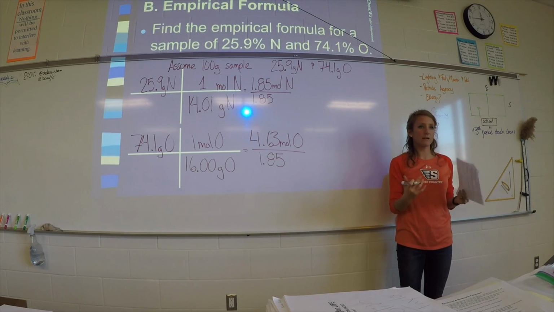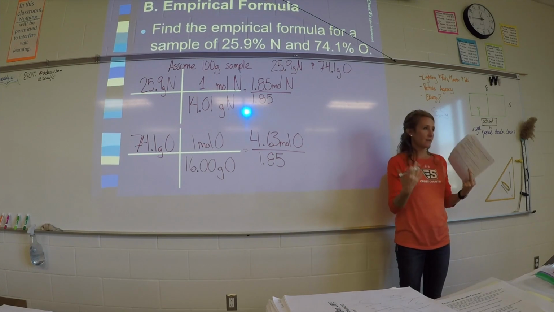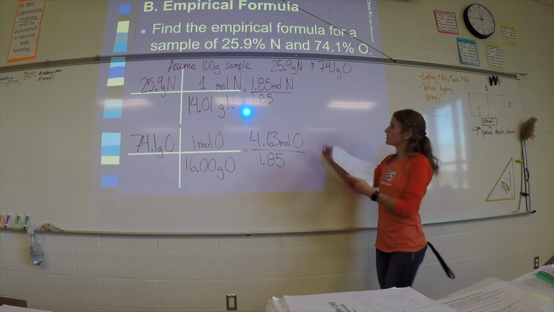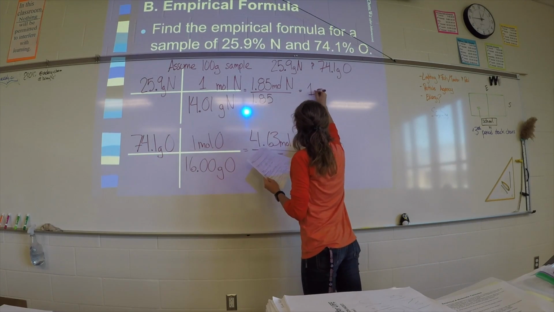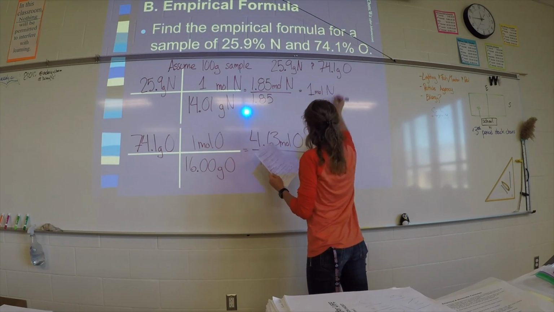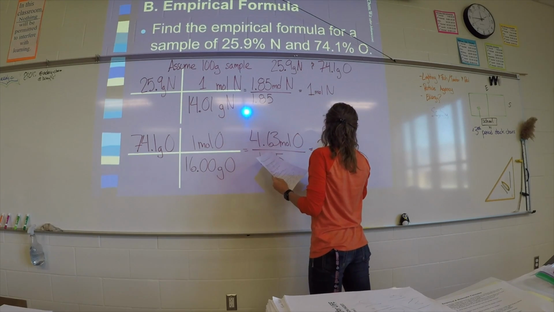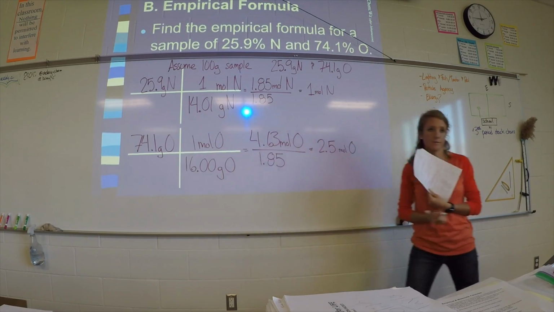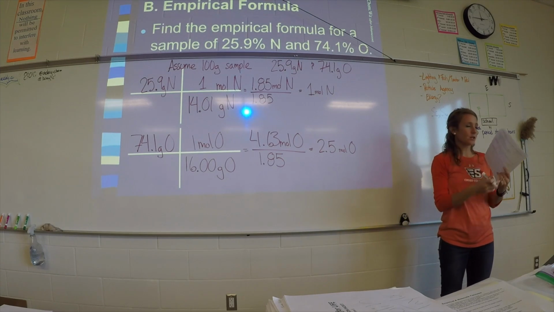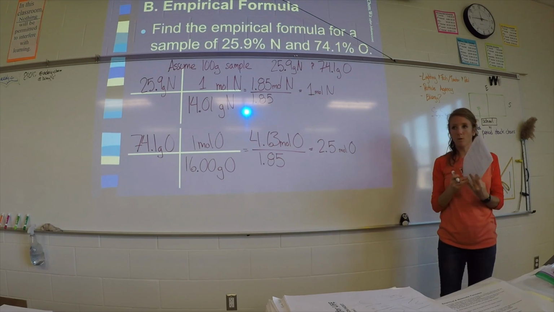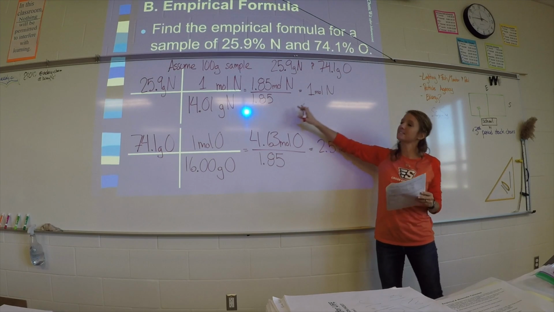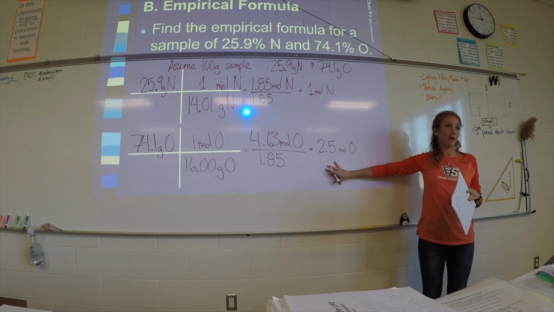So we take whichever one is the smallest, and then we divide it. So this gives us 1 mole of N, and this one ends up being 2.5 of O. So we started with grams, changed them to moles, divided by the smallest, and now we have our ratio.